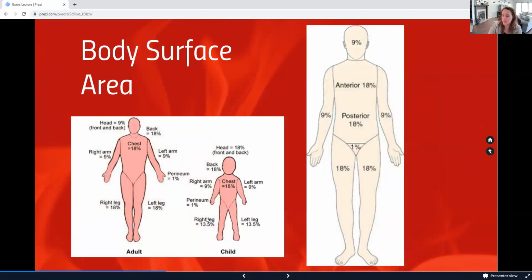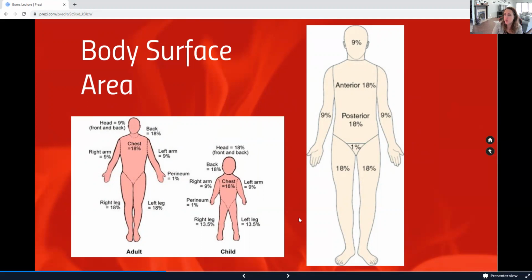So another thing that helps determine the severity of the burn is how much of the total body surface area is injured. So there's a couple different formulas out there. It lists a couple in your book. The most common one that we use to calculate is the rule of nines. So in an adult here, you can see that the head is 9%, the anterior and posterior thorax are both 18%, our arms are 9%, and our legs are 18%, and groin perineum is 1%.